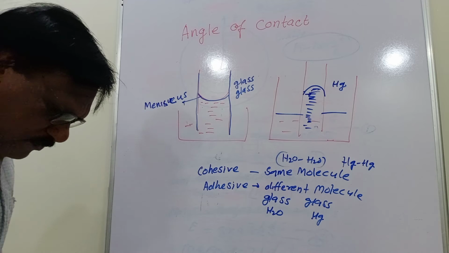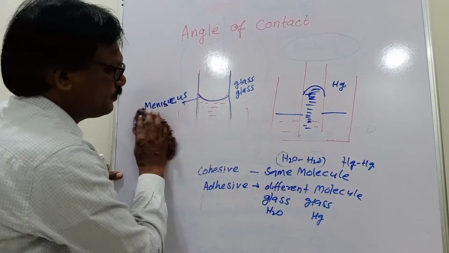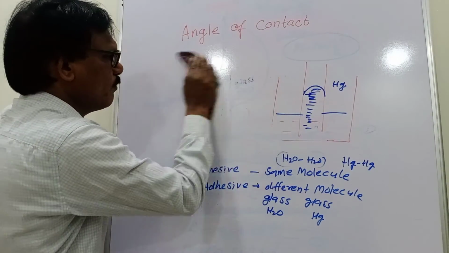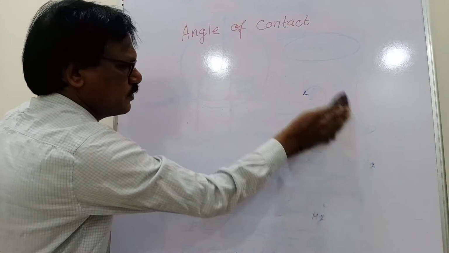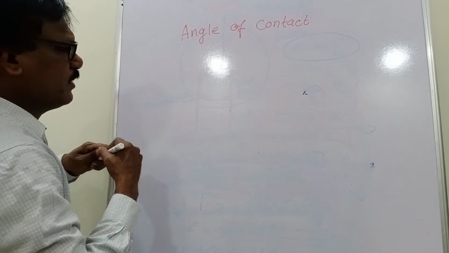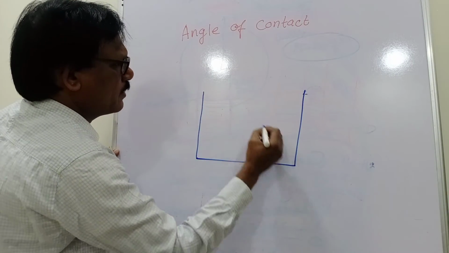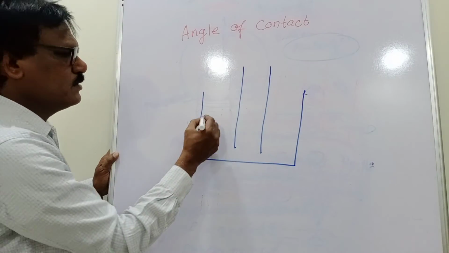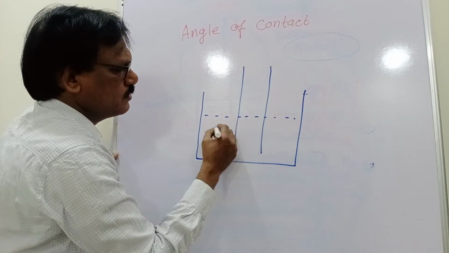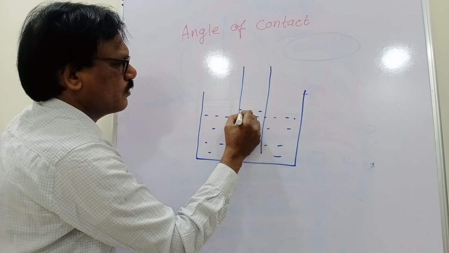Now, what is angle of contact? When we say angle of contact, take one drop, or we can take this example also. Suppose we have one container, and in that container we have a test tube which is open from both ends, and water is filled here, so there will be a water rise.